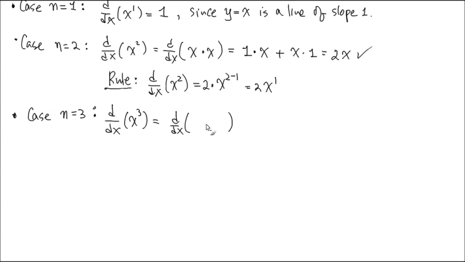Most things work. What is one idea? x times x squared. That'd be all right. Let's do that. Derivative of the first factor, right? What is it? 1. Second factor untouched. First factor untouched, and derivative of the second factor.